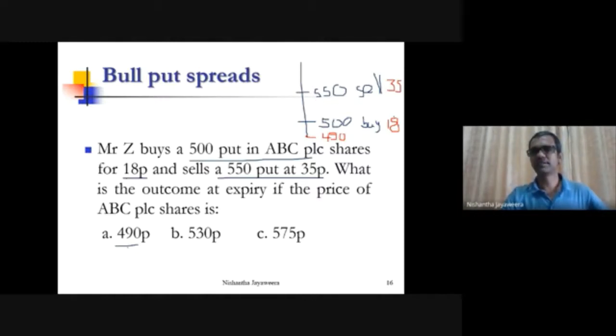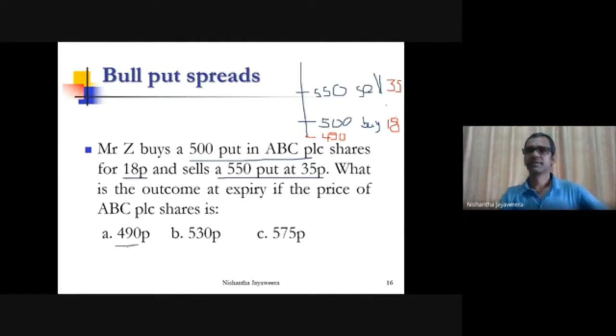So what is the net gain, or net receipt or payment? Is it a net receipt of options or a net payment of options?